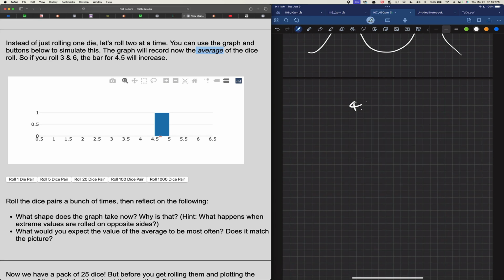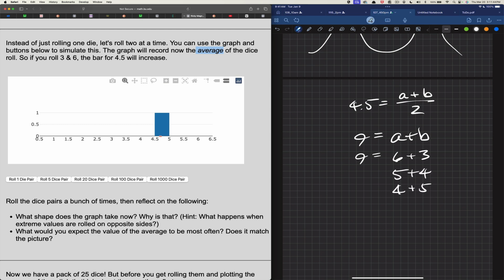So if it was a 4.5, that would be the roll of 1 die plus the roll of the other die divided by 2. So whatever the combinations are of A and B that could roll a 9. So it could be a 6 plus a 3. It could be a 5 plus a 4. It could be a 4 plus a 5 if we treat each die separately, or a 3 plus a 6, right? Those are the 4 combinations that would give me a 9.